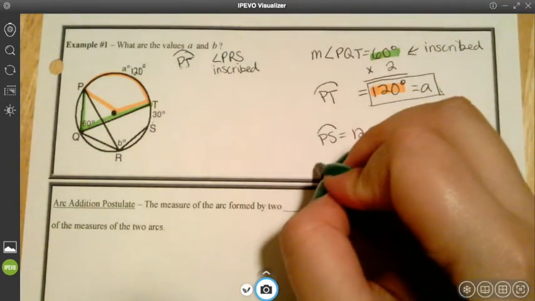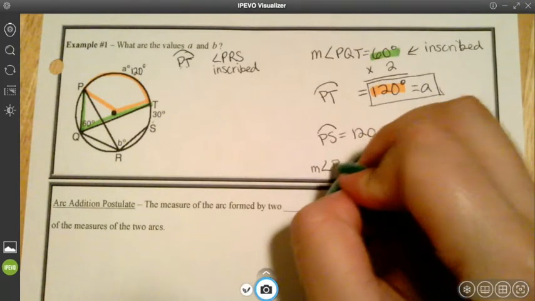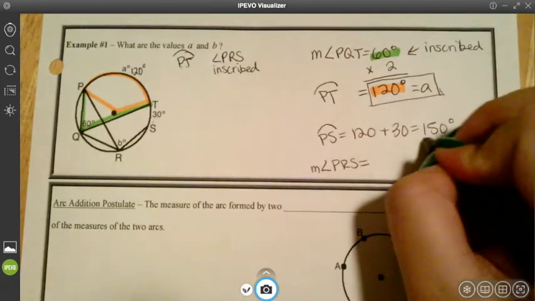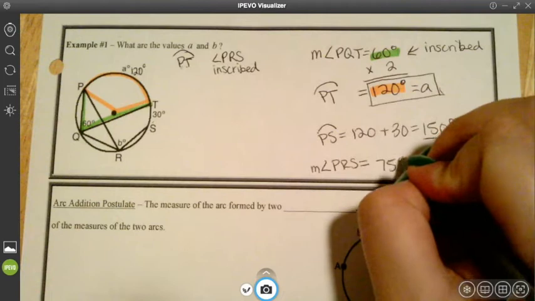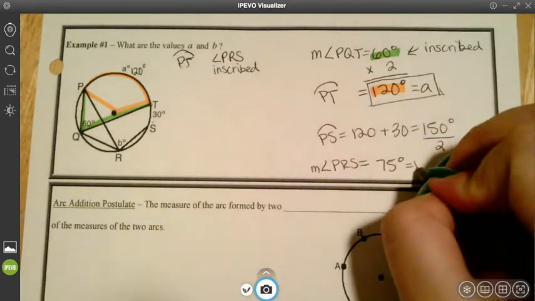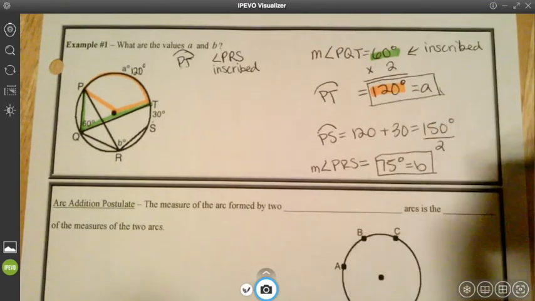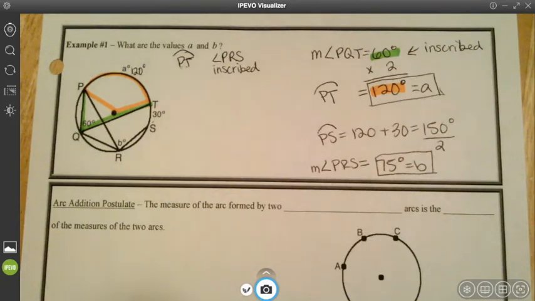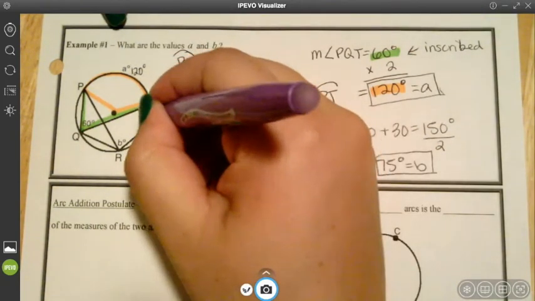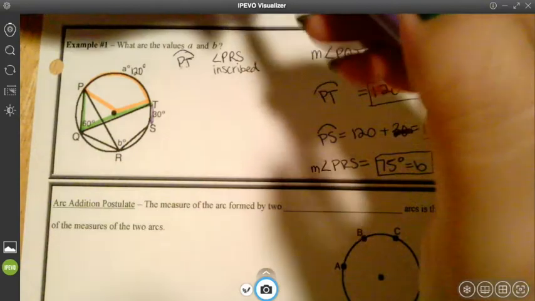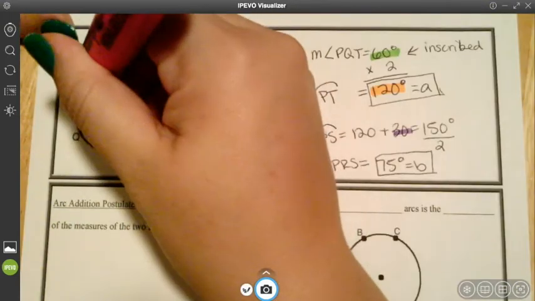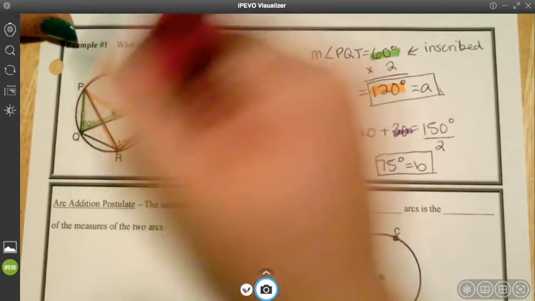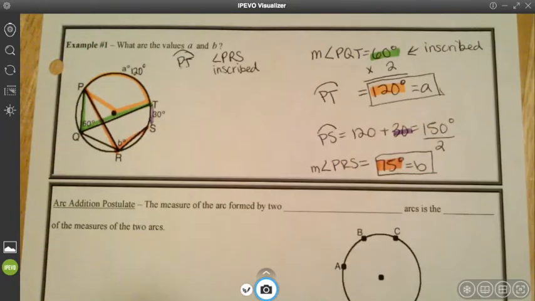In order to get the angle PRS, I have to then divide that by 2. 150 divided by 2 is 75 degrees, and that is our value for B. So if we take our additional arc here, and then we divide it by 2 in order to get this pink angle here.